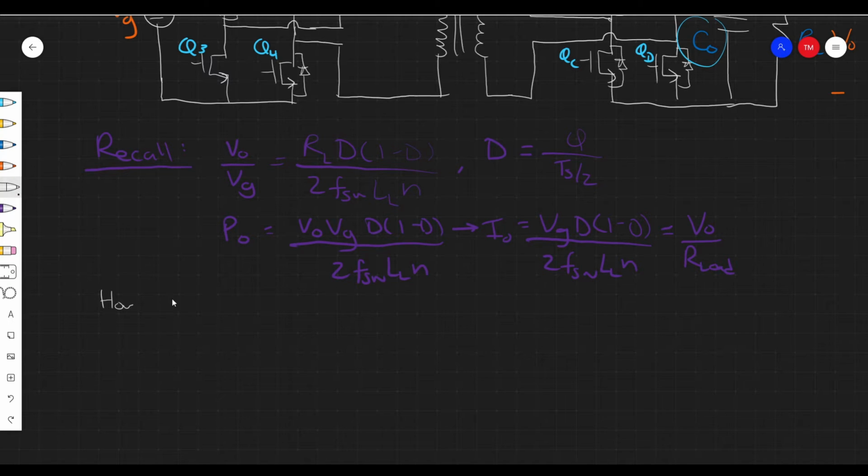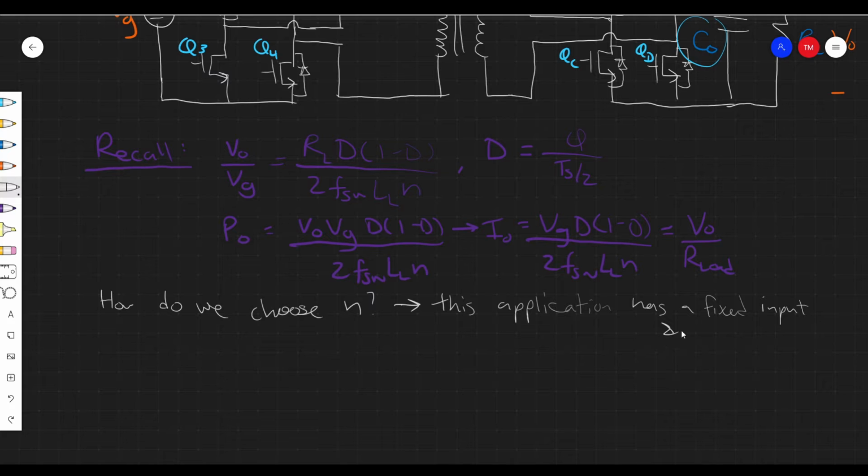how do we determine n? How do we choose n? Well, what I'm going to suggest is that we look at the inductor current to determine what we should use. First of all, this application has a fixed input voltage and output.